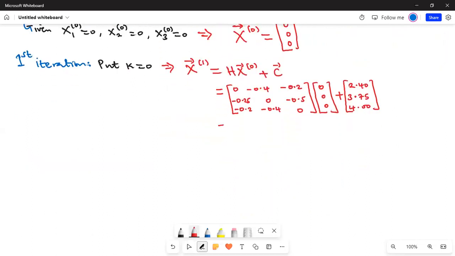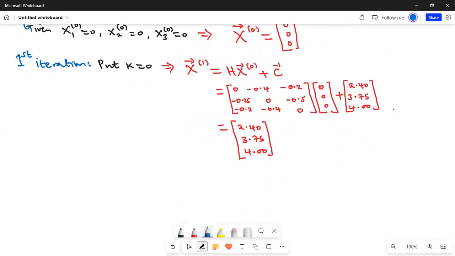So the answer here is 2.40, 3.75, 4.00. What does it mean by these values you are getting?